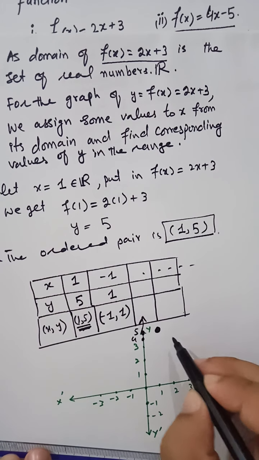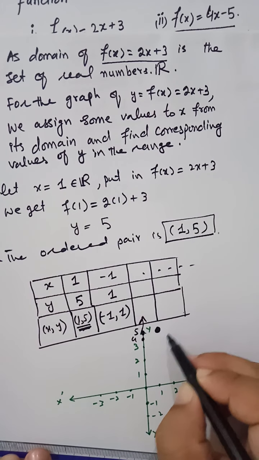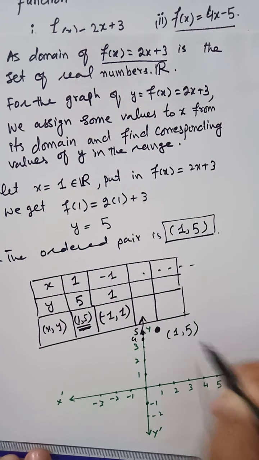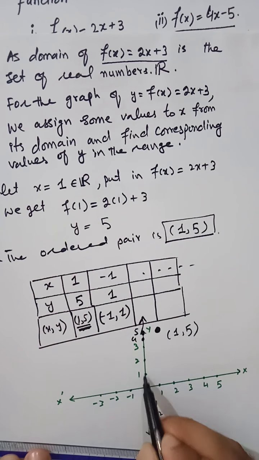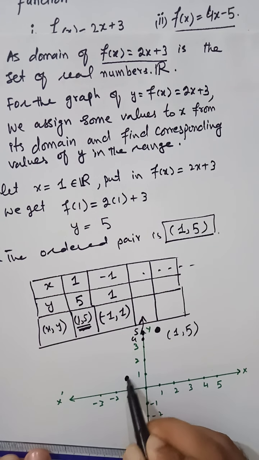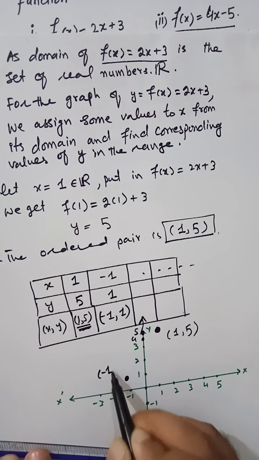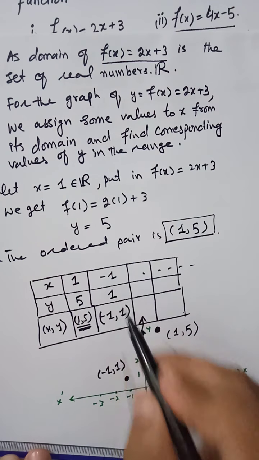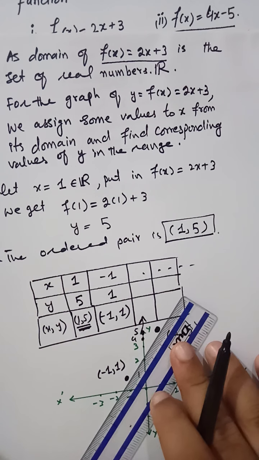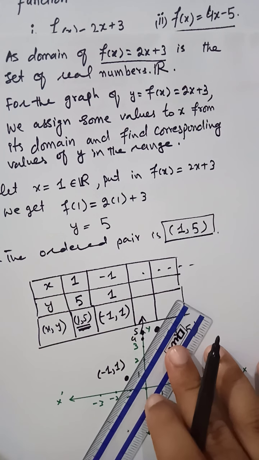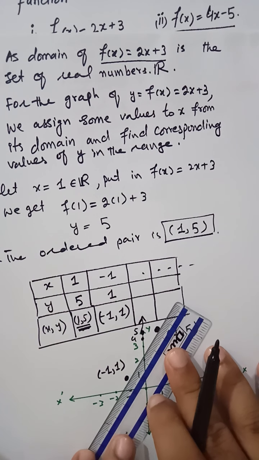So this is your point (1, 5), and the other point is (-1, 1). So this is -1 and this is 1. So this is the point which is (-1, 1). The x value must come first in the ordered pair. Okay, so you can pass a straight line through these 2 points.